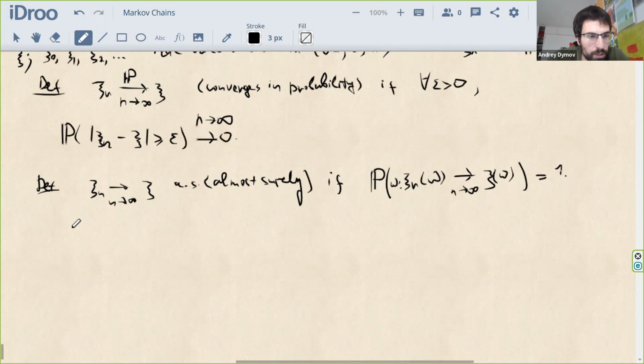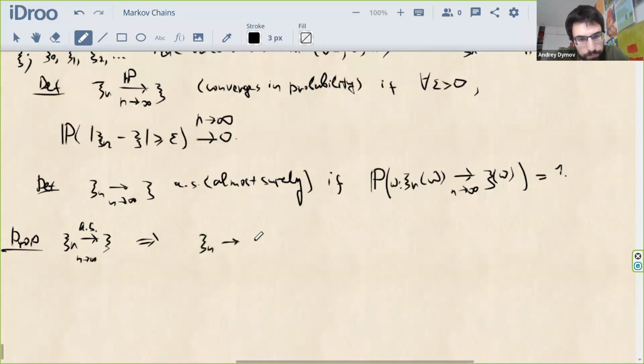And for example, this is a proposition which I will not prove. This is a standard proposition. Most of you know this well. If I have almost sure convergence, then I have convergence in probability.